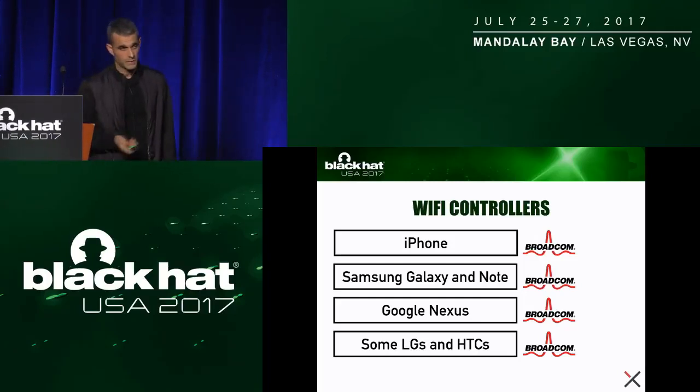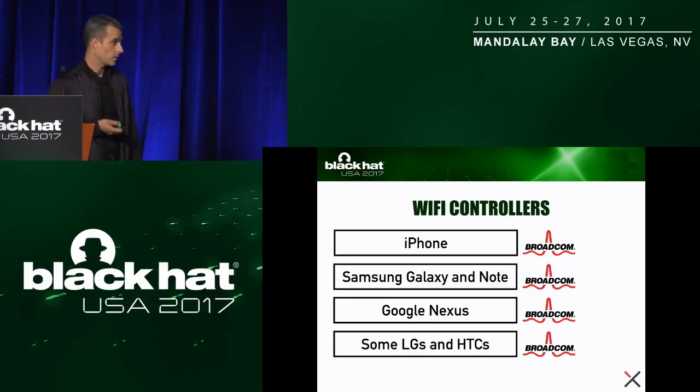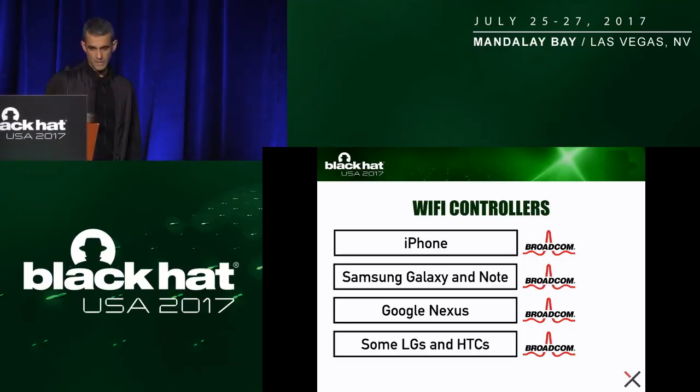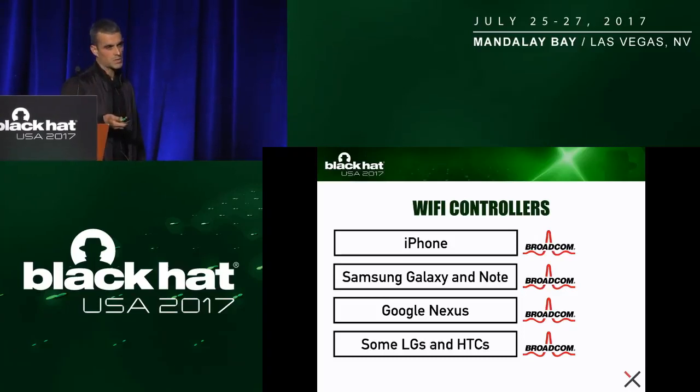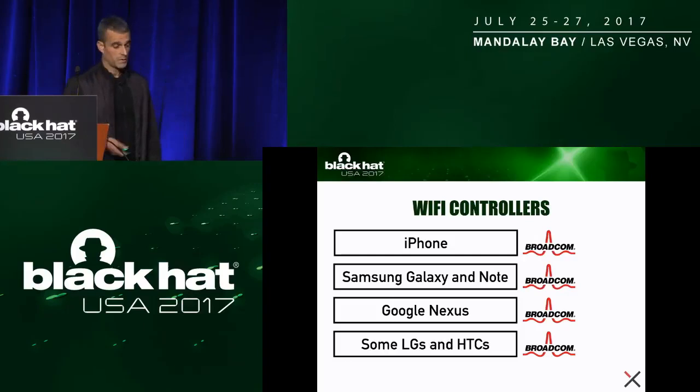Most Google Nexuses since Google Nexus 5. And there are some LGs and HTCs that use them, although not universally. So obviously this is a much more interesting attack surface because you don't have to repeat your work. If you find one bug, you can use it in plenty of places.